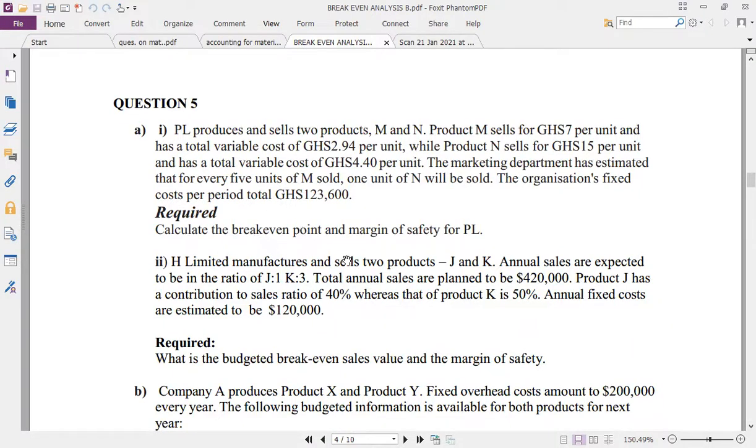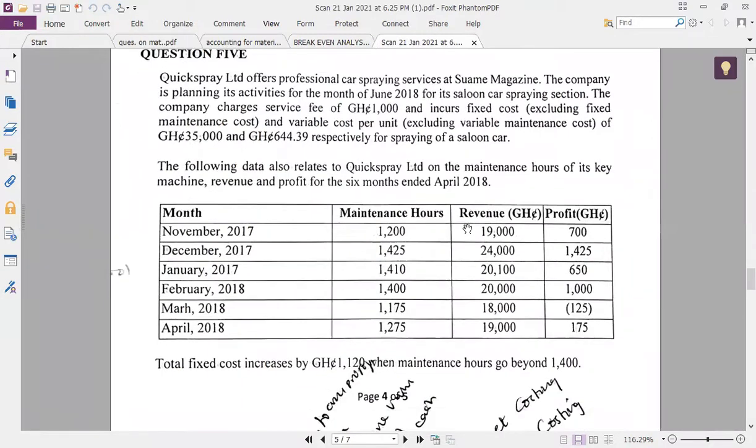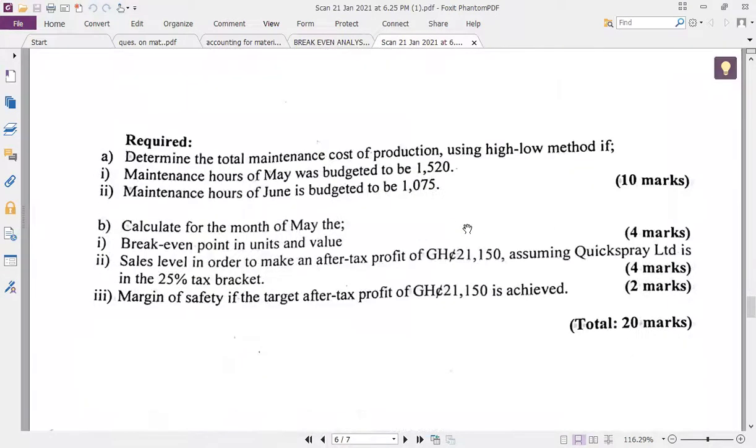Calculate the break-even point and margin of safety. You can't do margin of safety, you can only do break-even point. When they say point, they want the answer in units and value. Like what happened last sitting, check last sitting's own. They ask for break-even point in units and in value.